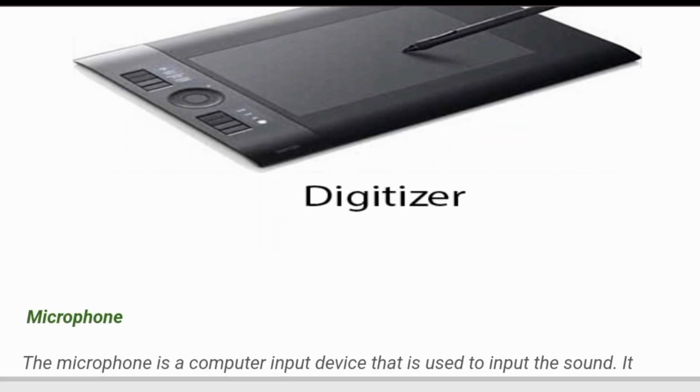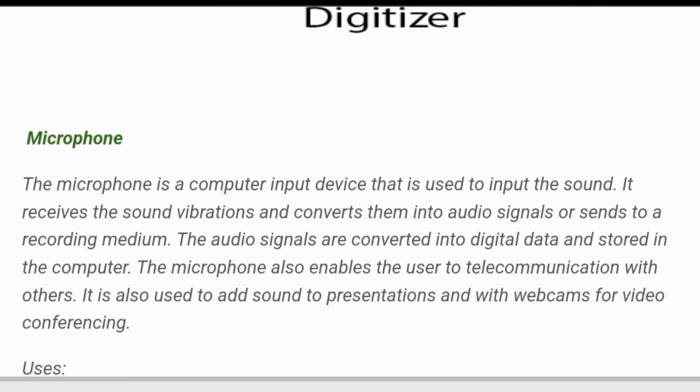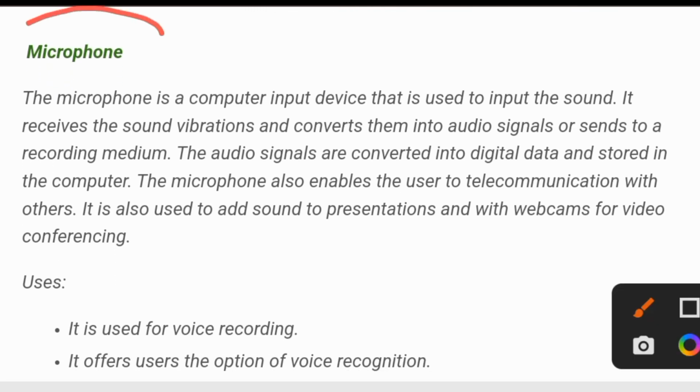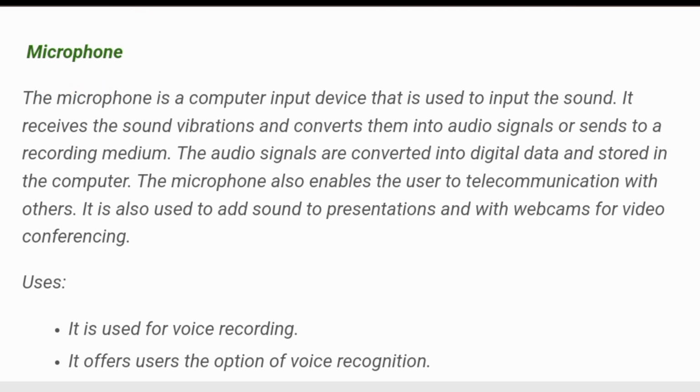And the next one, microphone. What is a microphone? The microphone is a computer input device that is used to input sound. It receives the sound variations and converts them into audio signals or sends them to a recording medium.